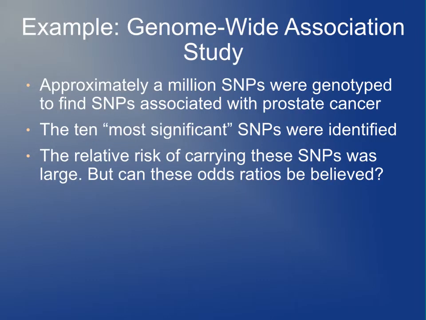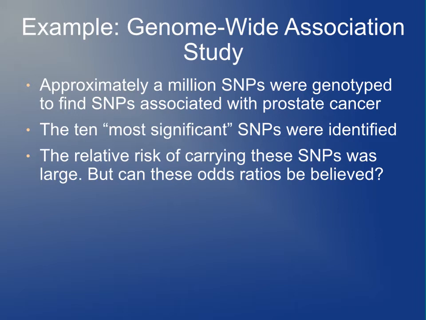An example that's more relevant to biological science is a genome-wide association study. I actually read a paper on this. It was a genome-wide association study looking for risk factors for prostate cancer. So they looked at like 1,000,000 single nucleotide polymorphisms to see which ones were associated with prostate cancer. They identified the 10 quote-unquote most significant SNPs.